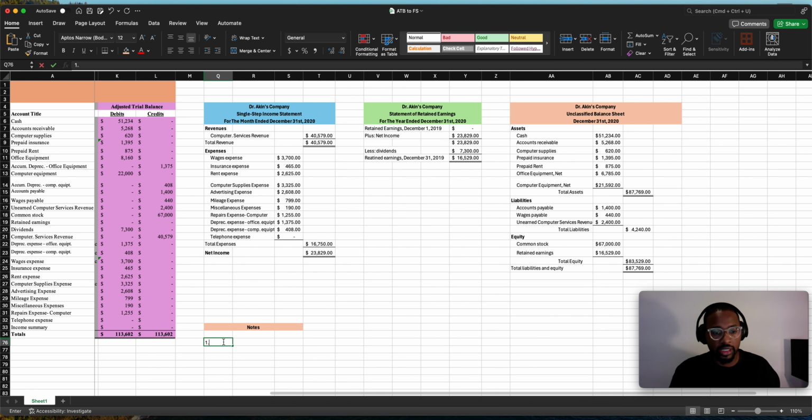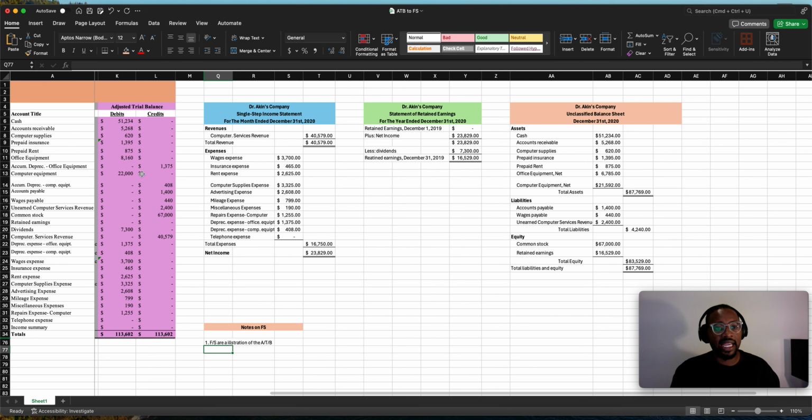So what you need to know about financial statements, number one, is that financial statements are an illustration of the adjusted trial balance. That's really all it is. That's the first thing you need to know.